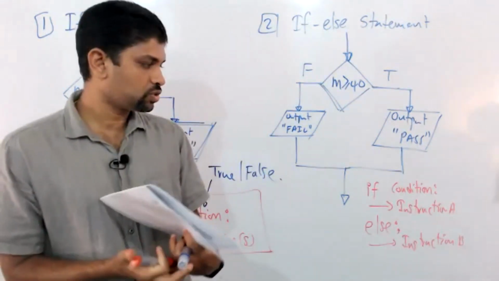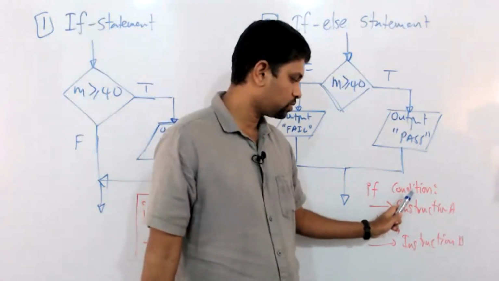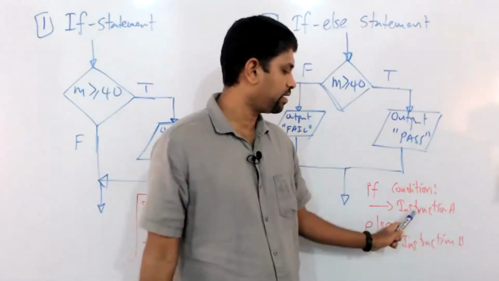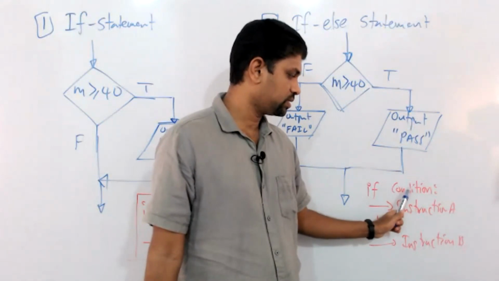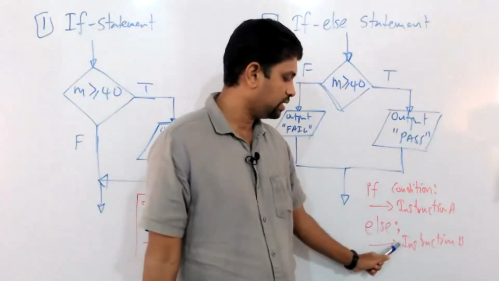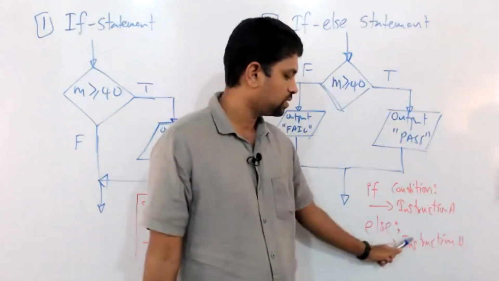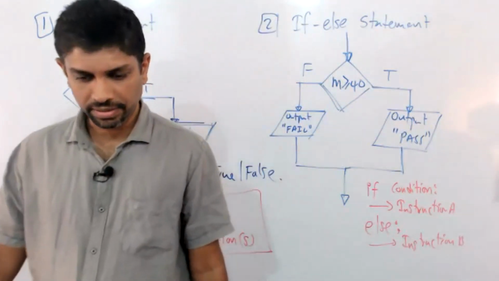If the condition is true, instruction A is selected and run. If the condition is false, right, else means the opposite of this, then instruction B is selected and run.